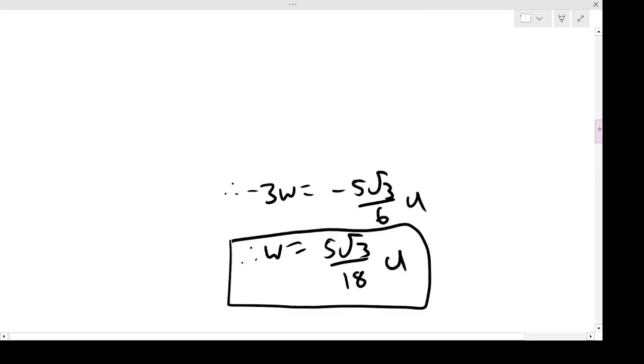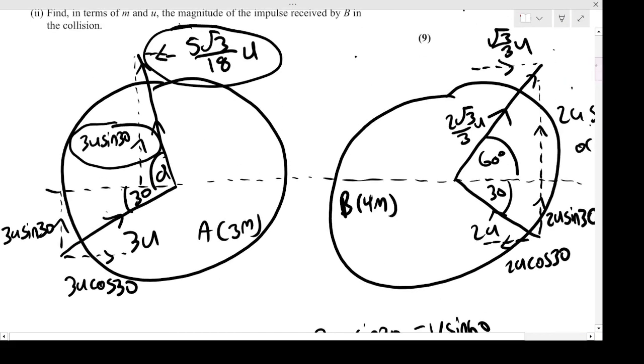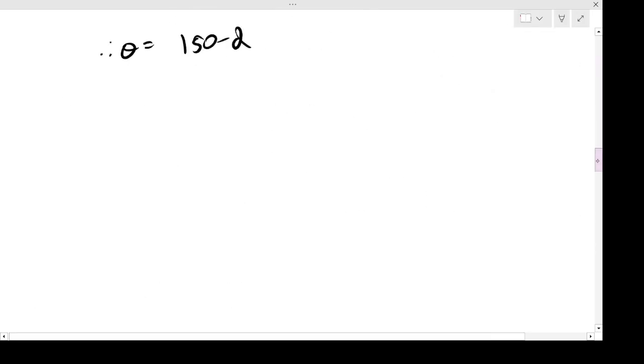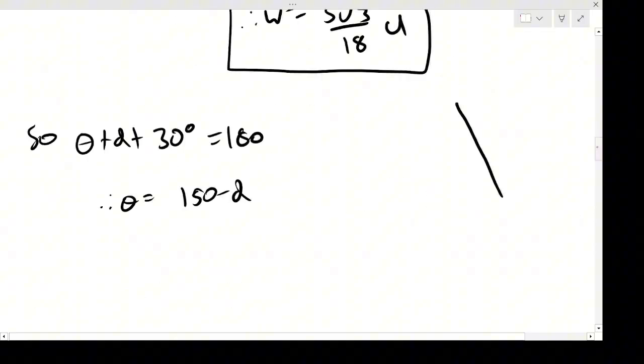Now, as I just discussed, we can work out alpha with this little triangle we've got here. So I'm going to draw that triangle out, my velocity triangle, if you will. This is alpha.